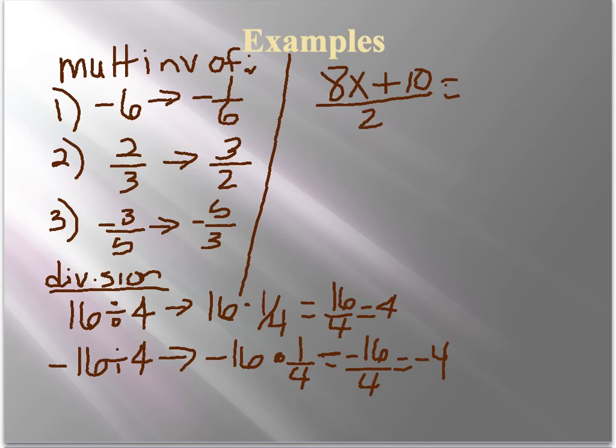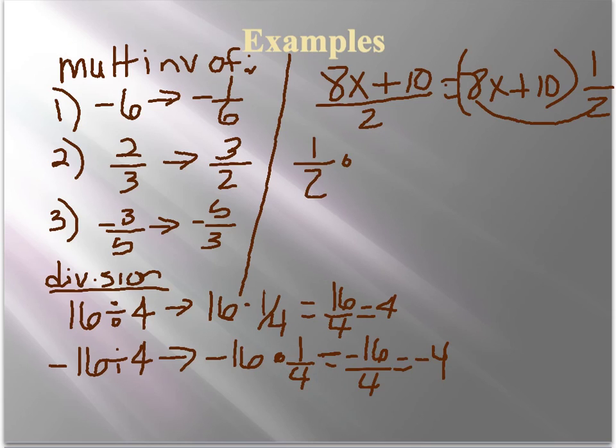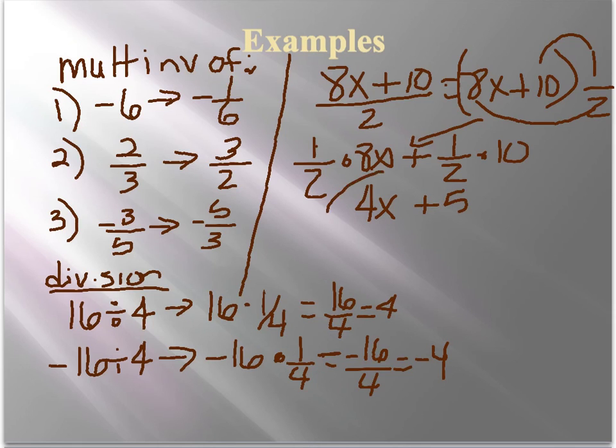I would multiply 8x plus 10 by the multiplicative inverse of 2, which is 1/2. Now, I use my distributive property, so I have 1/2 times 8x plus, I bring down my plus sign, 1/2 times 10. Well, 1/2 of 8x is 4x, plus 1/2 of 10 is 5, and that's my answer because I cannot mush together 4x and 5 because they are not like terms.